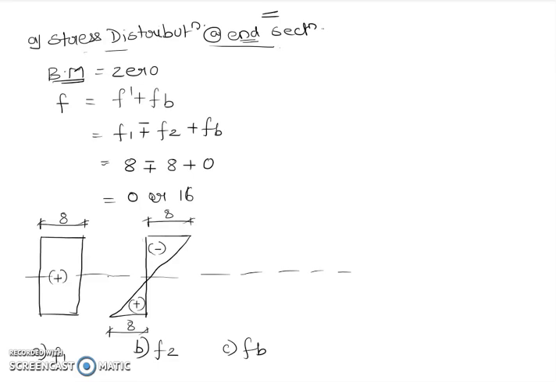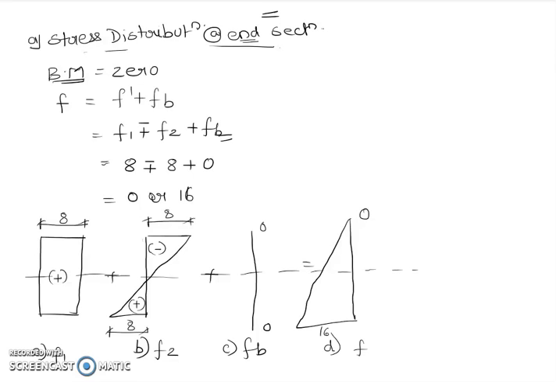See, FB, that is this portion. It is just going to be a straight line because at both the ends the moment is going to be 0. And F, that is addition of all the three, this plus this plus this, will be something like this. So it is 8 minus 8, it is going to be 0, and it is 8 plus 8, it is going to be 16 here.